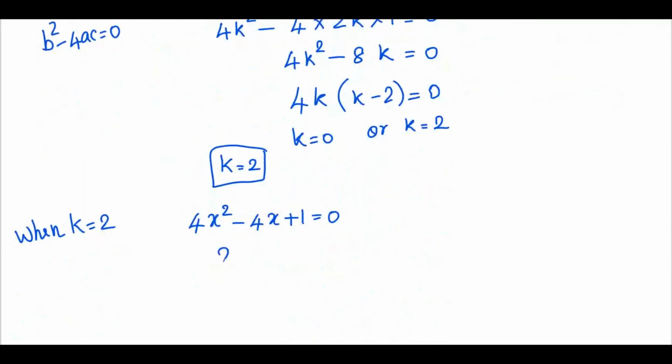Or this can be written as 2x minus 1 the whole square equal to 0. So 2x minus 1 equal to 0 or x equal to 1 over 2.